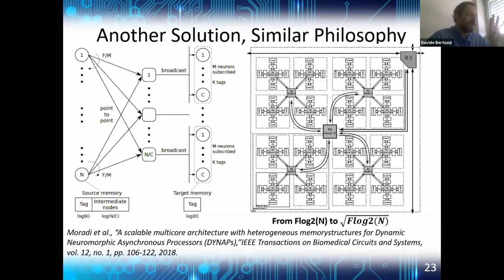And this is exactly reproduced in the feasible connectivity of the platform. And this feasible connectivity is reflected into the network on chip organization. In fact, you have a level 1 network on chip router, which is used to broadcast spikes to the neurons of the local cluster.